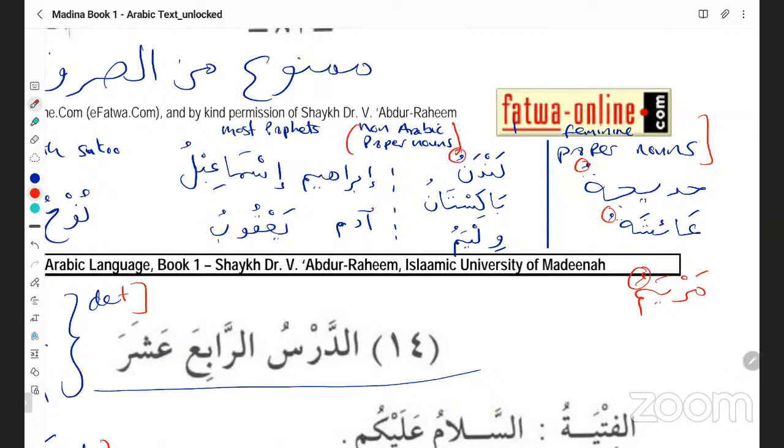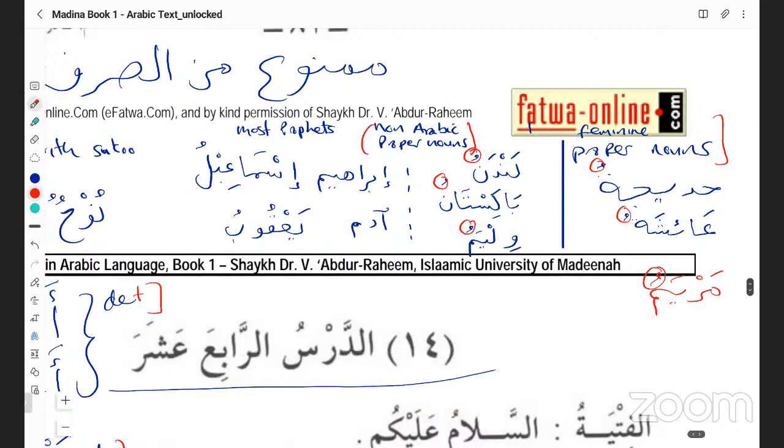Pakistan is a non-Arab country, it's a proper noun, only one case ending. A non-Arab name like William, one case ending because it is non-Arab. So non-Arab proper nouns will get one case ending. Why? Because it is mamnu' min as-sarf. It is a proper noun and it's non-Arab.